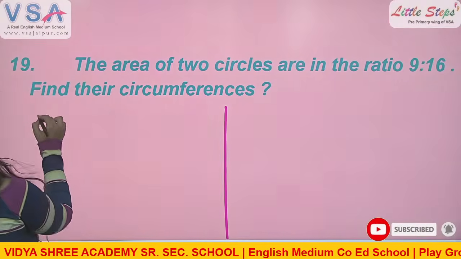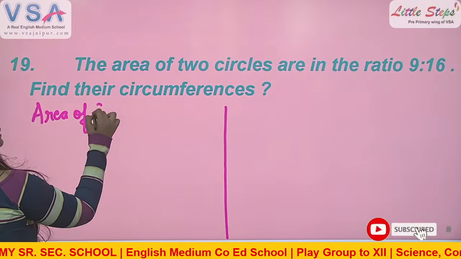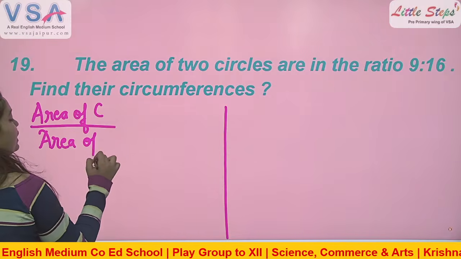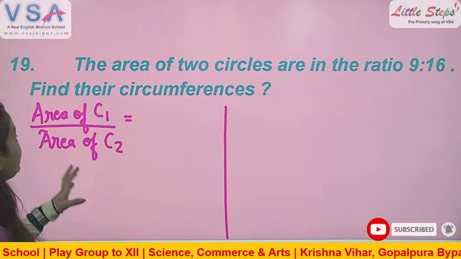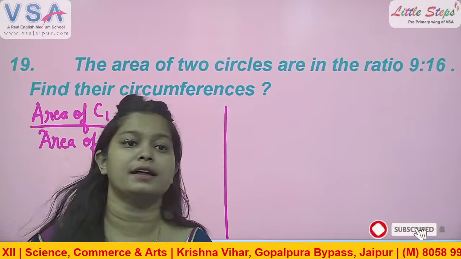So first of all, we have to apply area of circle. Okay, area of circle दो है, तो we have to write area of circle 1, area of circle 2, area of C1 upon C2. This is how we will write. Okay, इसको यही इसी पैटर्न से करना है, that you have to apply both the formulas all together in the ratio.